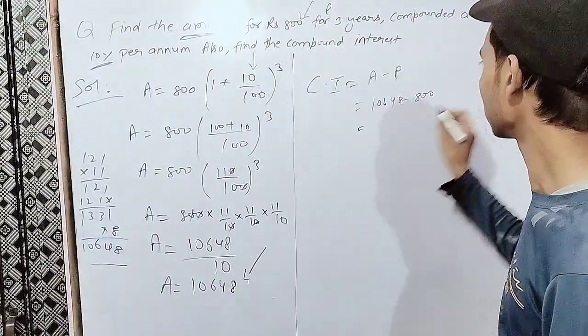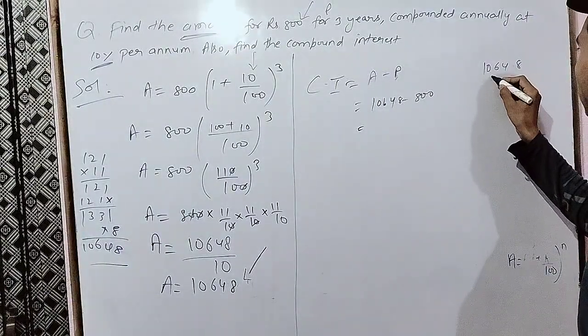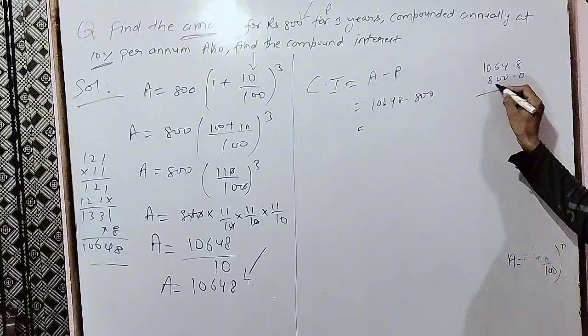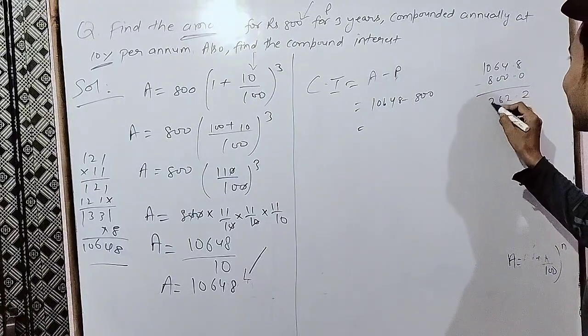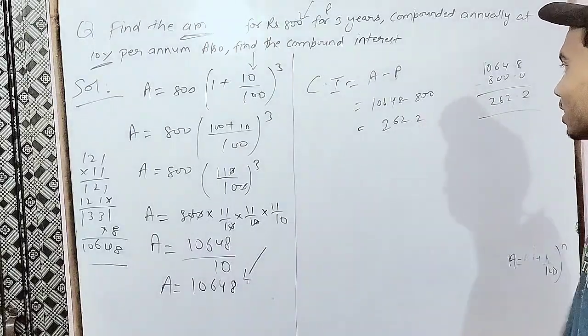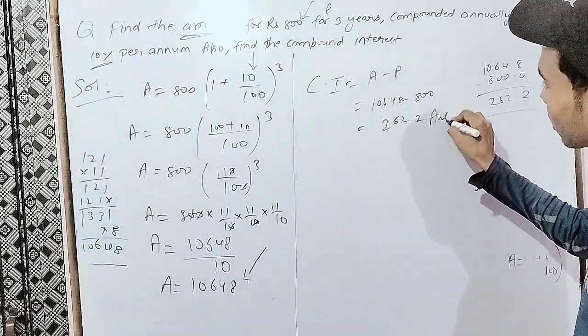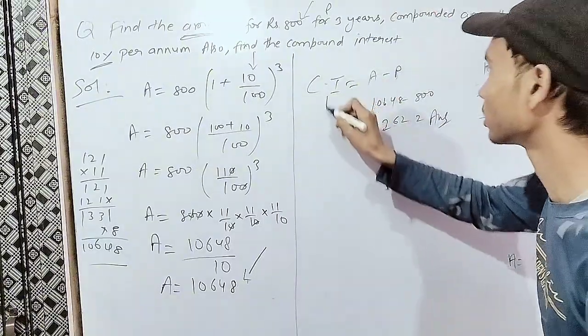Let's see, this is how much? 264.8, that is the compound interest.